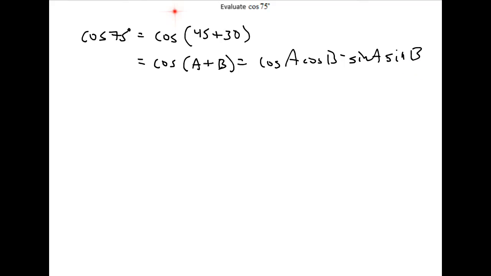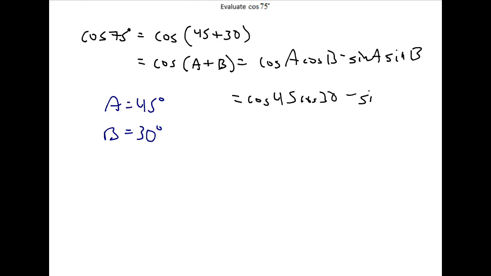Well, notice what I've done here. I've aligned these together so that we can figure out that A is 45 degrees and B is 30 degrees. So to find the cosine of 75, we need the cosine of 45 times the cosine of 30 minus the sine of 45 times the sine of 30.